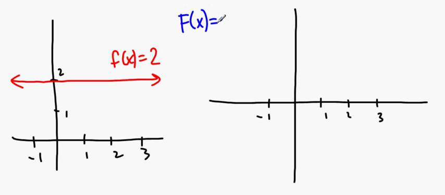And capital F of x is going to keep track of the signed area under little f of x from 0 to x, which means, and I should have been way more careful with this than I was, that we're going to use a dummy variable here, f of t dt.